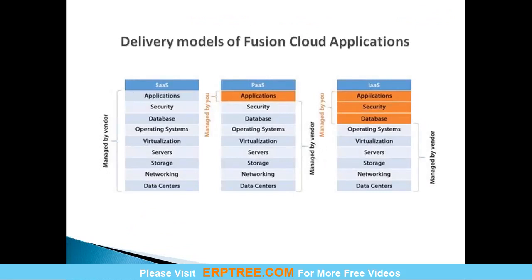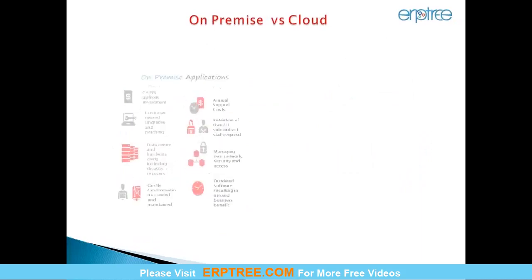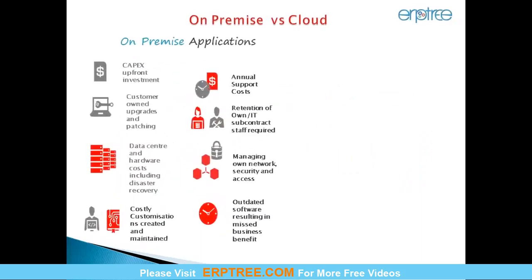Fine. Okay, next we have a slide which talks about on-premise and cloud. If you go with on-premise, these are the points you will find: you have to come up with upfront investment. You have to buy the server infrastructure and all.